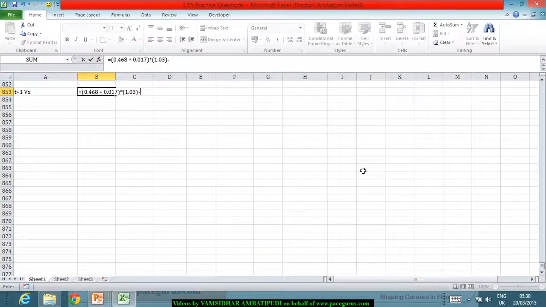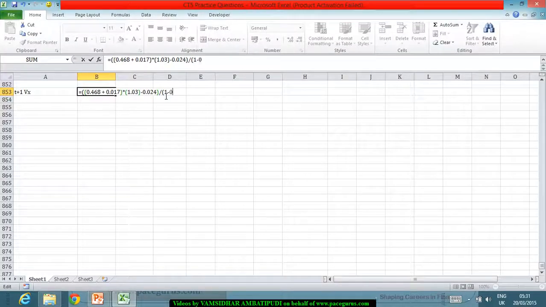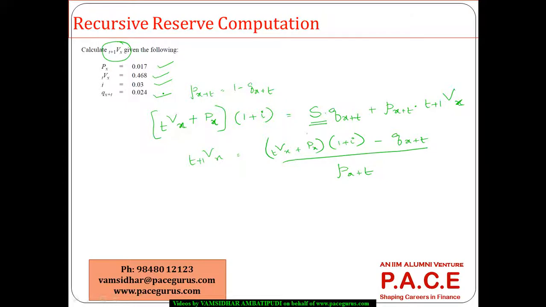Out of this I subtract qx plus t, which is 0.024, and this entire thing I divide by px plus t, which is 1 minus qx plus t, 0.024. So this would be the reserve at the end of the time period t plus 1. A straightforward formula based calculation, right?